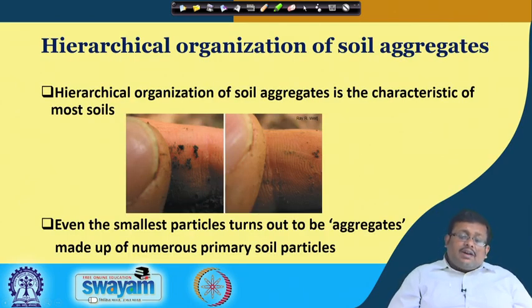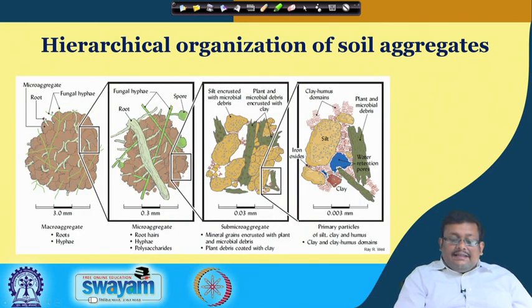Remember that hierarchical organization of soil aggregates is very important, and it is a characteristic of most soils, because even the smallest particles turn out to be aggregates made up of numerous primary soil particles.